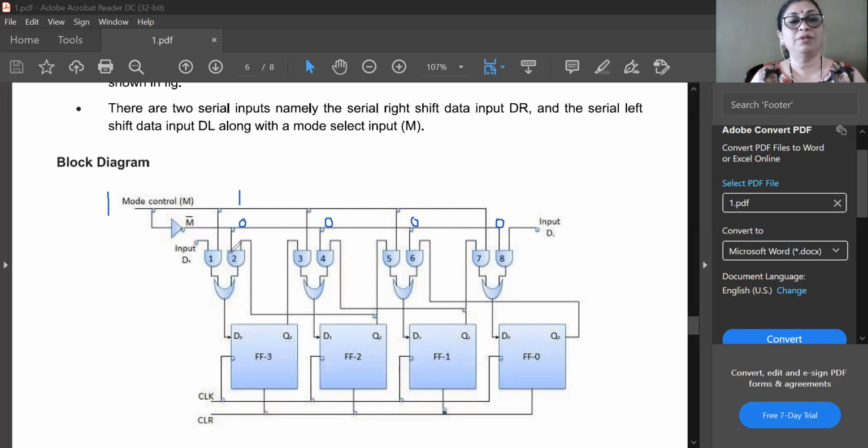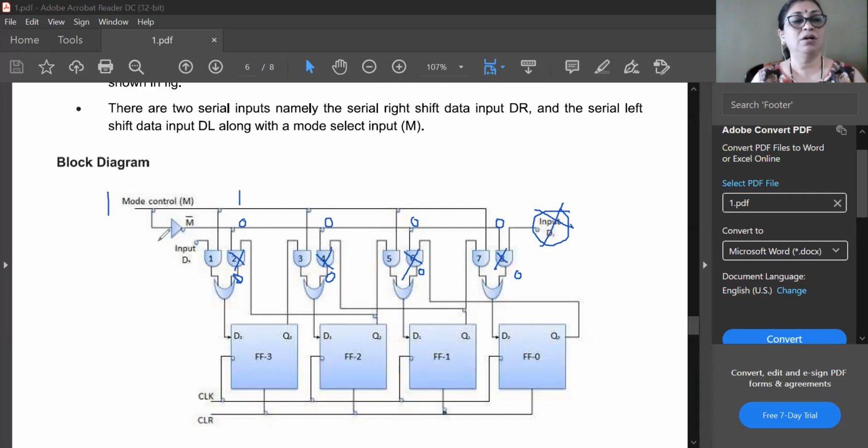So these gates are disabled, because their output will become 0. The output of AND gate 6 and AND gate 8 will also become 0. That means this input is not activated, so left shift operation is not activated here.